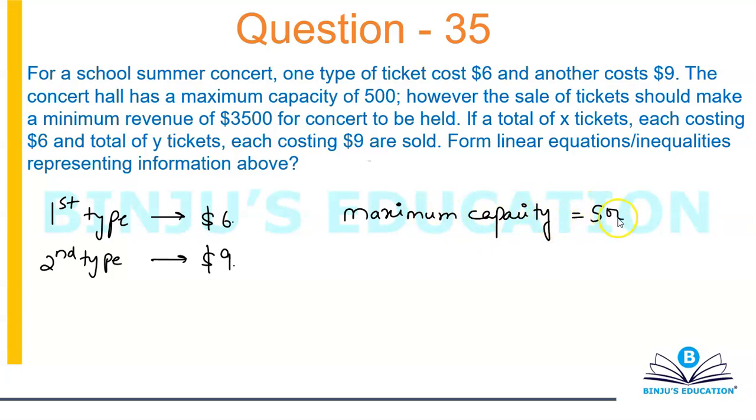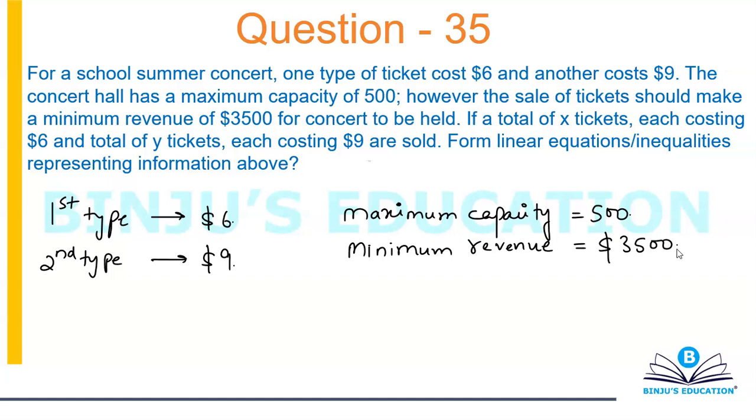However, the sale of tickets should make a minimum revenue of $3,500. If a total of X tickets, each costing $6, and a total of Y tickets, each costing $9 are sold, form linear equations or inequalities representing the information above.